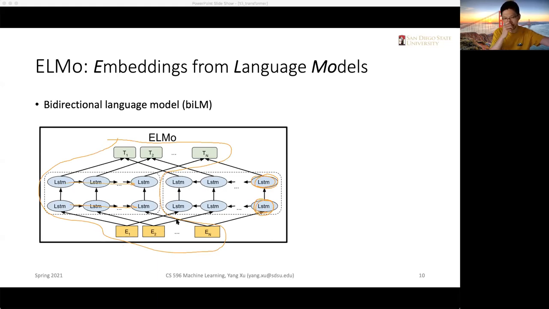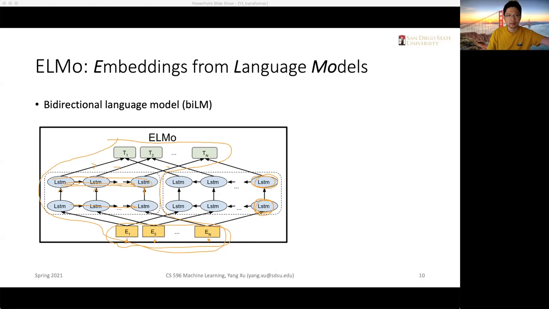The embeddings for the first word, second word, to the last word in a sentence, the whole sentence, are fed as the input to this two-layer LSTM network. The internal activations are used as the input for the second layer, and the output from the second layer is used in the final output. So that is the one direction, okay?